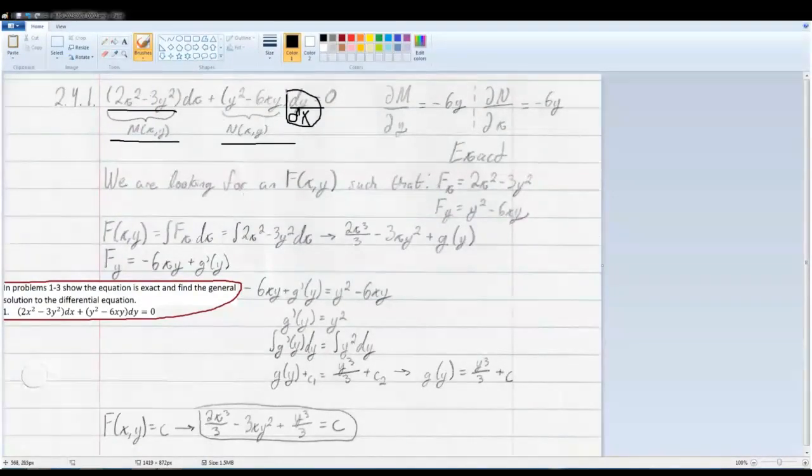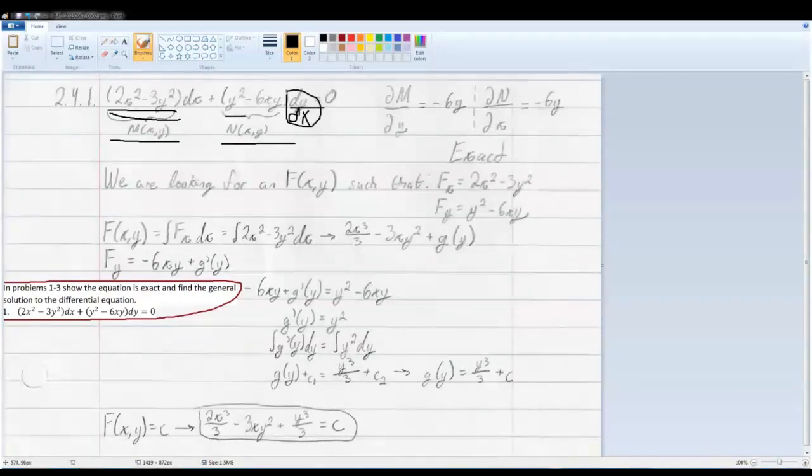So what we're looking for is something in that format. And in order to do this particular technique, we have to check if it's something called exact. So we take what's in front of the dx, and we declare that as M, or you can call it whatever you want, but it's typically a function of x and y.